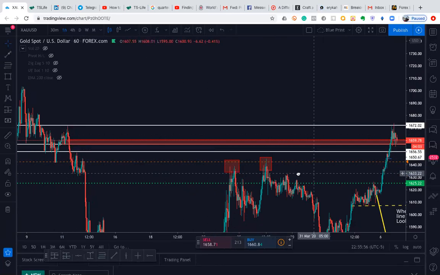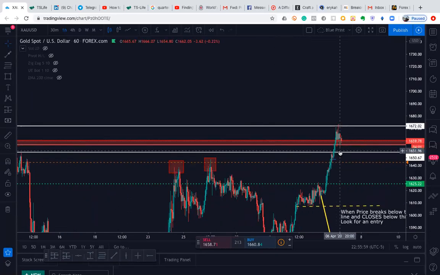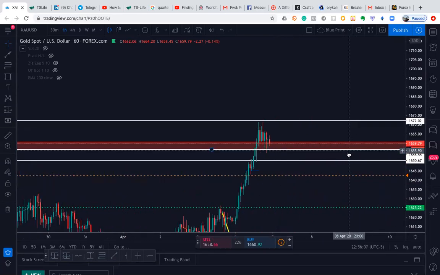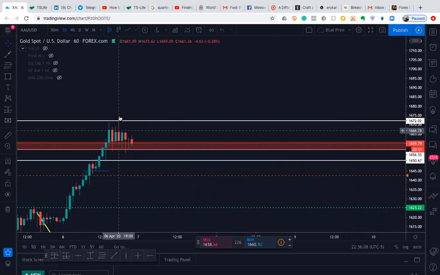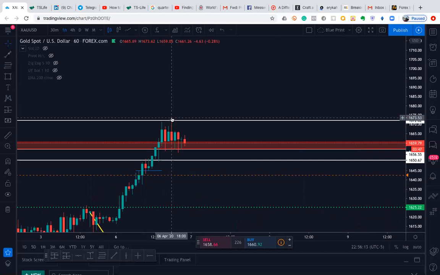And I said, okay, if price comes and hits this, I've got a sell limit right there. Boom. Price came, and that wick right there activated my sell limit, and I went straight into profit all the way down to here. It's like a quick $100.